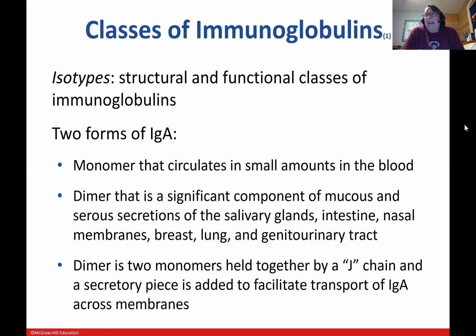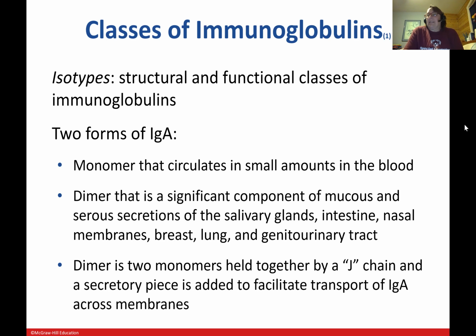It can either be an individual antibody, which circulates in very small amounts in the bloodstream, or it can be a dimer, which means 2 of them attached together. The Fc ends are attached, and then the 2 Y ends are facing outward. In a couple of slides, we're going to have a chart, and you'll see what that looks like.